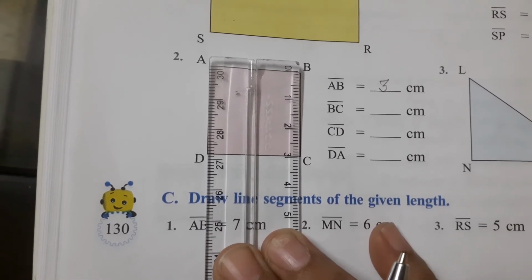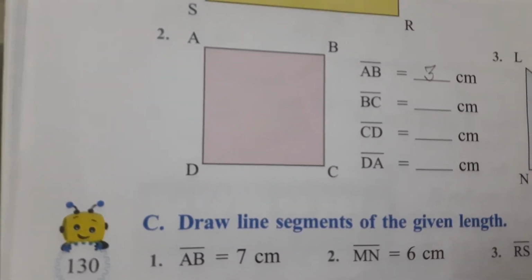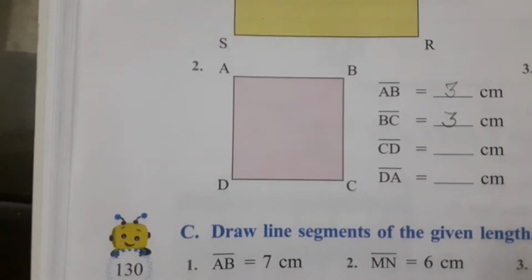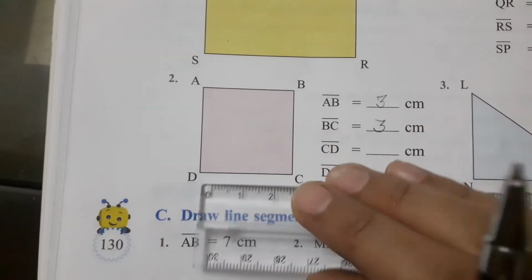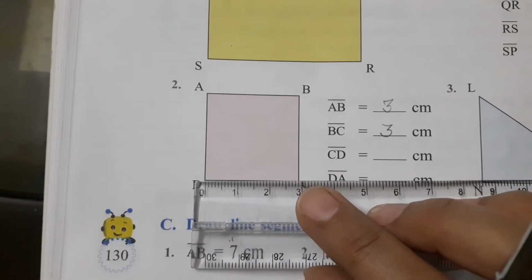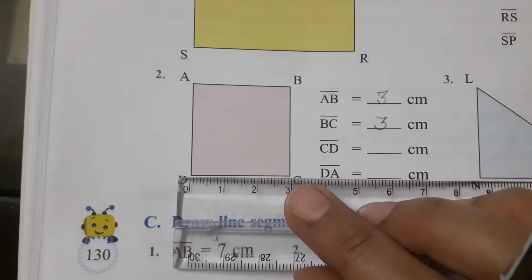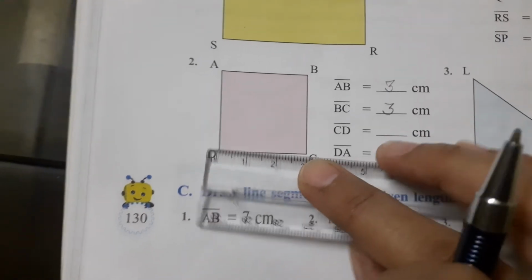So the length of BC is also 3 centimeter. Now you have to measure the length of CD. Here it is CD. Keep 0 of your scale at D and the length of CD is again 3 centimeter.